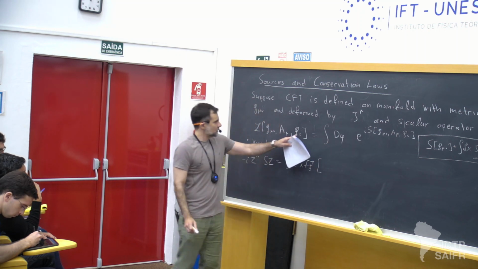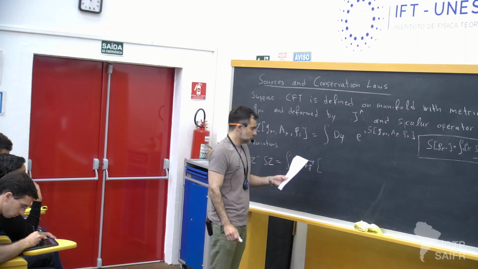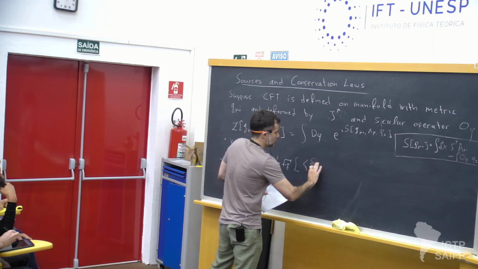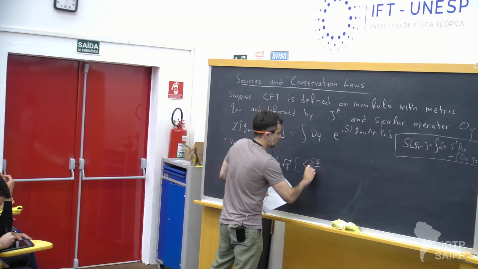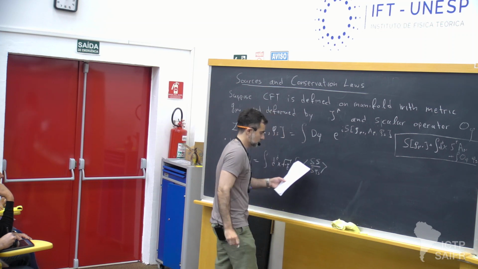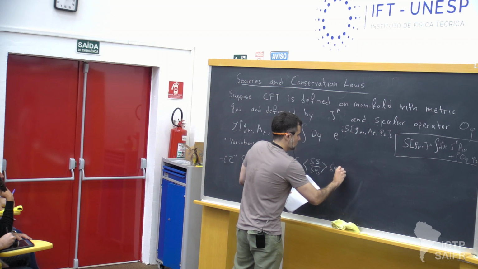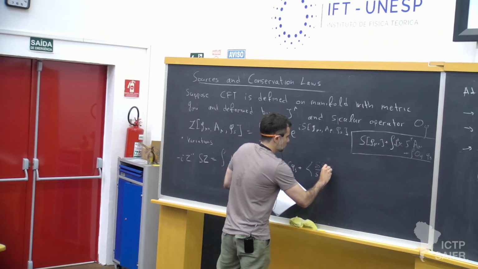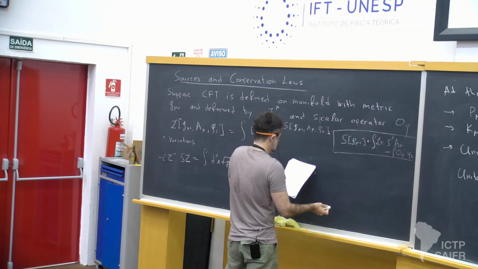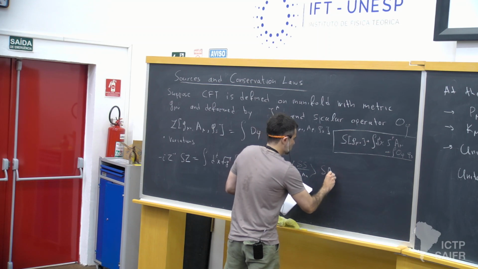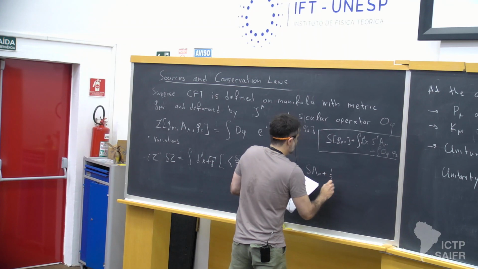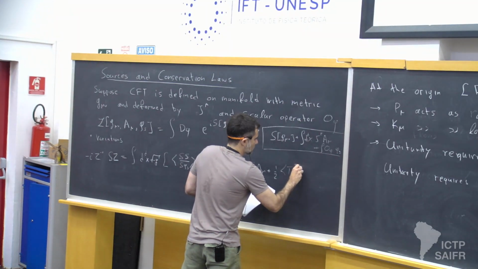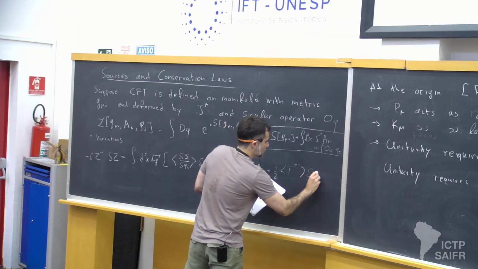The variation with respect to the scalar source is going to give me just the expectation value of delta S with respect to delta phi s, times delta phi s, plus the expectation value of the variation of S with respect to the source A nu times delta A nu, plus the variation with respect to the background metric, which will give me the stress tensor, the expectation value of the stress tensor times delta g nu nu.